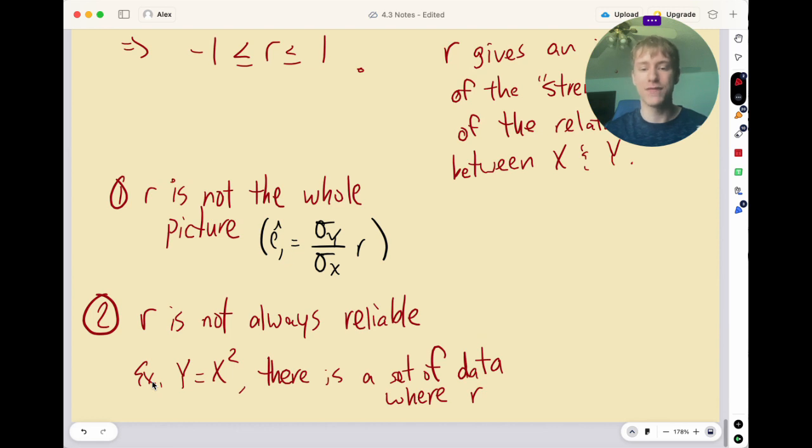But I can show you a set of data where R is equal to 0, which doesn't seem to make sense intuitively with our notion of the correlation coefficient, and that's going to be an exercise that I have you do.